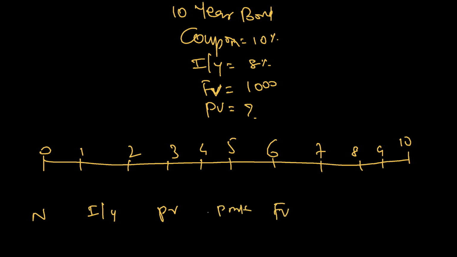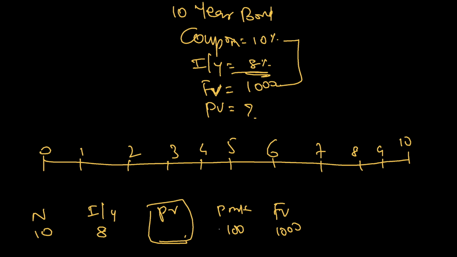So N will be, it's a 10-year bond, so 10 N. IY will be 8, because IY here is 8. Present value I need to find out, so I'll compute this at the end. Payment will be 10 percentage of 1000, which comes to 100, and then the future value will be 1000. So I'll just calculate it now in my calculator.